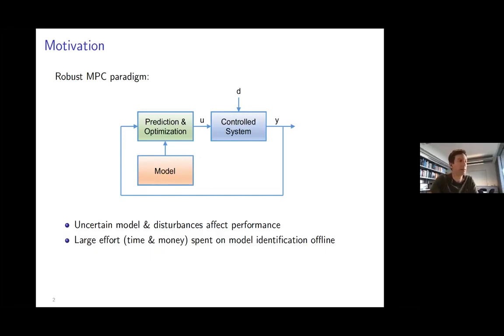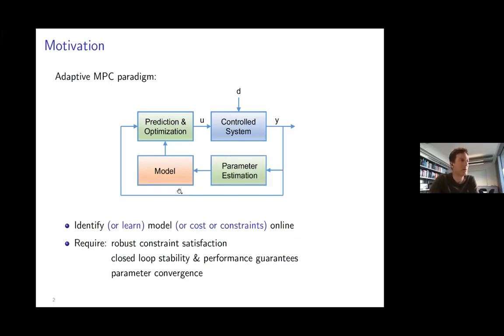And this means that typically a lot of effort is put into identifying the system model. And this is often done using offline identification processes. But what I want to talk about in this talk is online parameter estimation simultaneously with controlling the system.